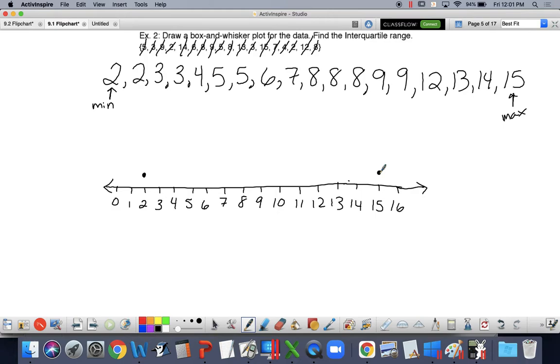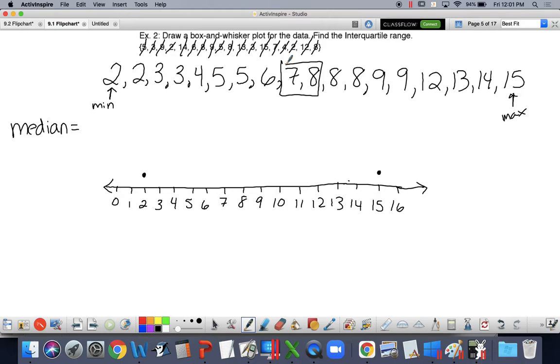What is the median of this data set? So I have an even number of data points in this data set.